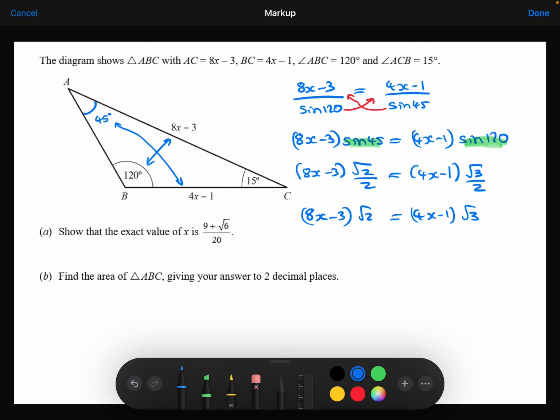So let's expand those brackets out. So 8 root 2x minus 3 root 2 is equal to 4 root 3x minus root 3. I'm going to subtract the 4 root 3x from both sides, and I'm going to add the 3 root 2 to both sides, so that I've got the x's all together on one side.